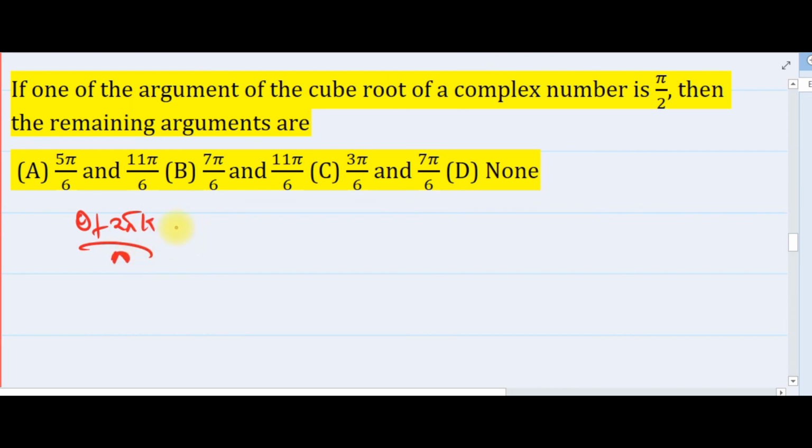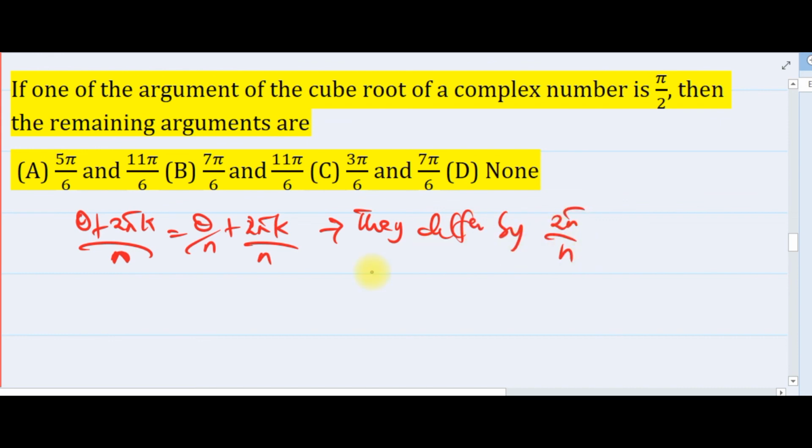So you notice that each of them is theta over n plus 2 pi k over n, meaning that they differ by 2 pi over n.